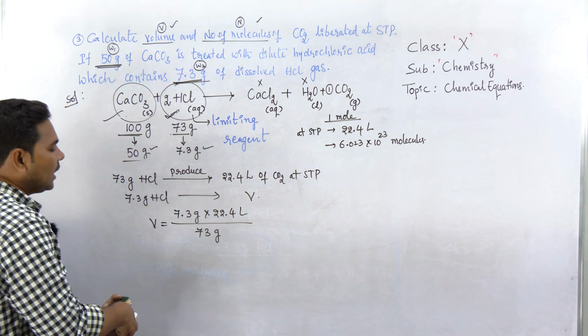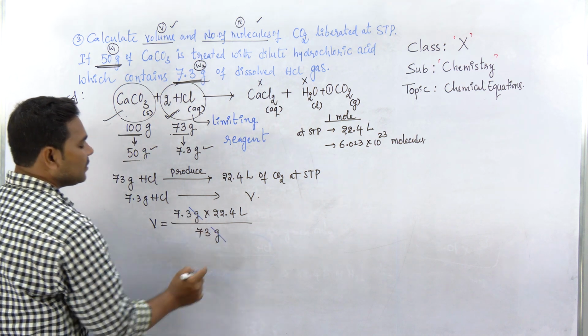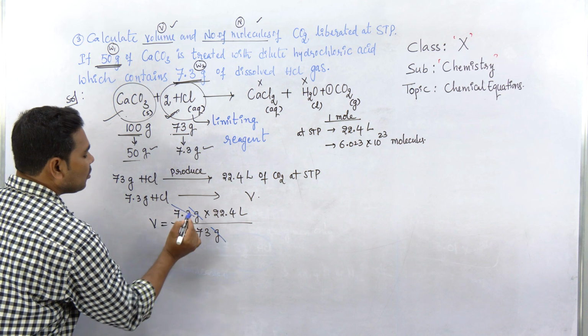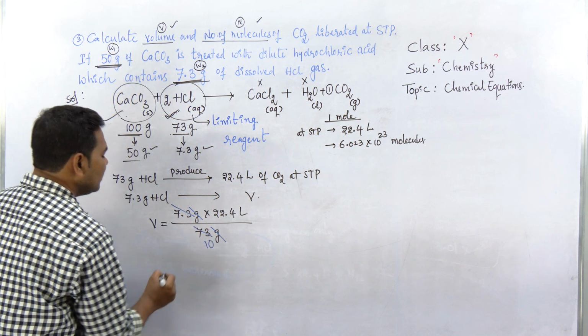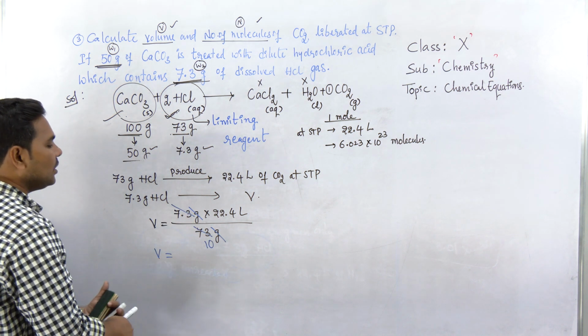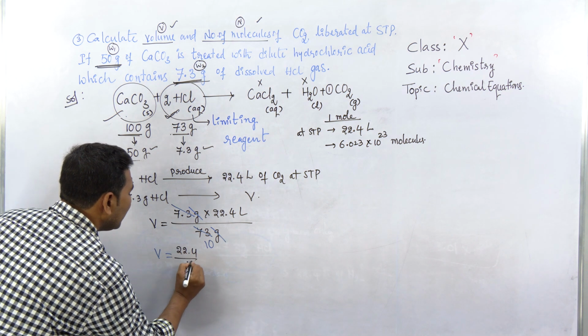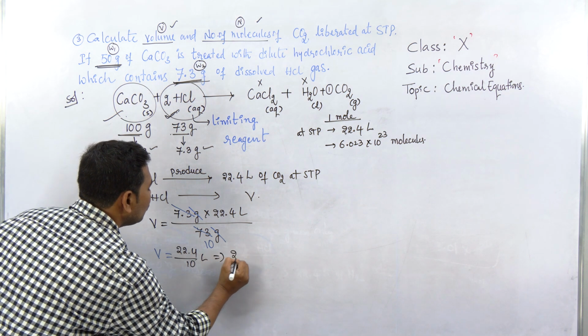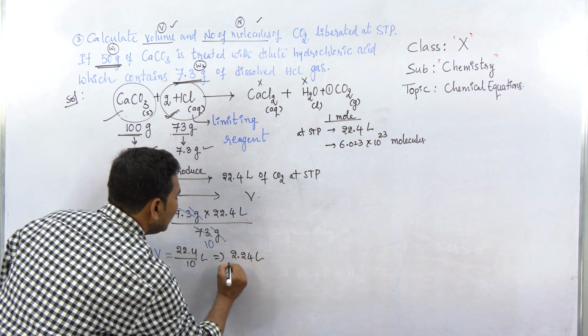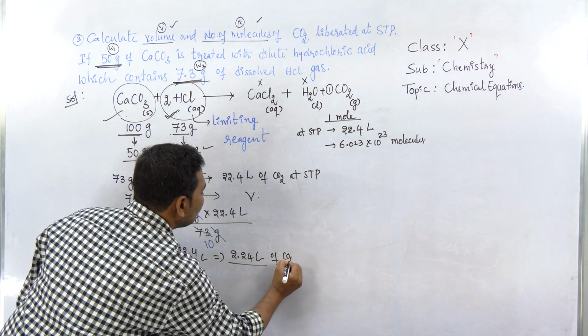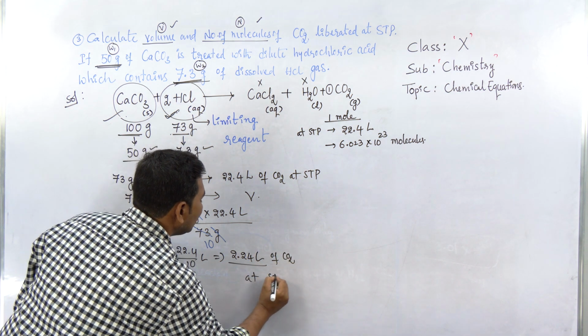Grams cancel first, then 7.3 ones are 7.3, tens are 73, so V is equal to 22.4 by 10 liter, which is equal to 2.24 liter of CO2 at STP.